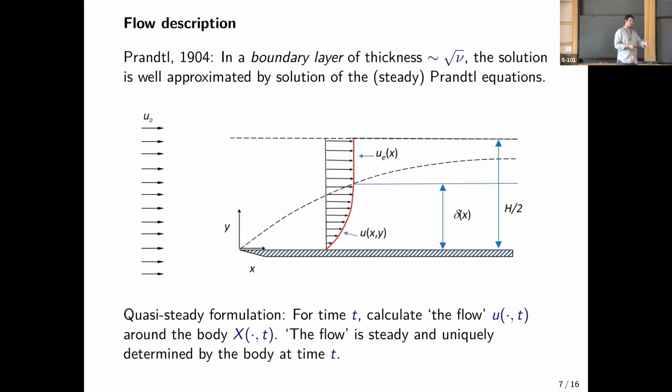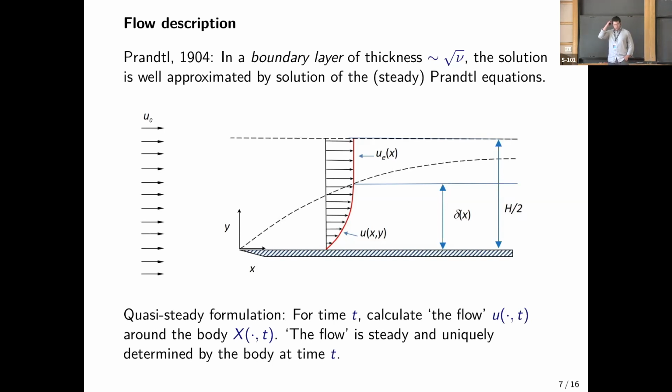If nu is the viscosity, or basically inverse Reynolds number, you can imagine nu is very small. So the boundary layer has thickness root nu, so it's also very small. And there's a reduced set of equations that you can solve to describe the flow there, called the steady Prandtl equations. So this is roughly the shape of the boundary layer.